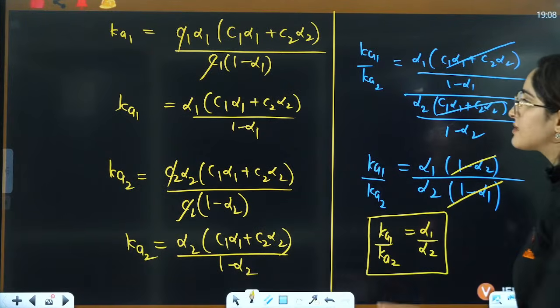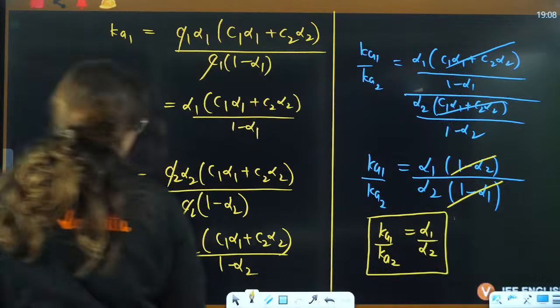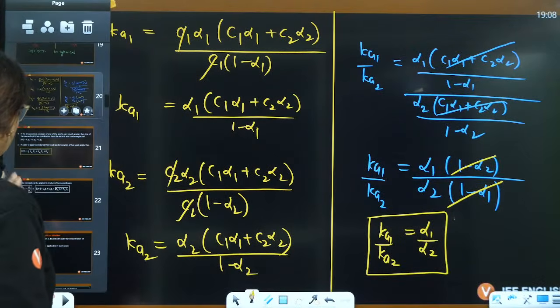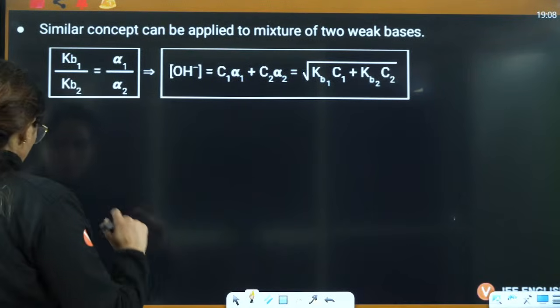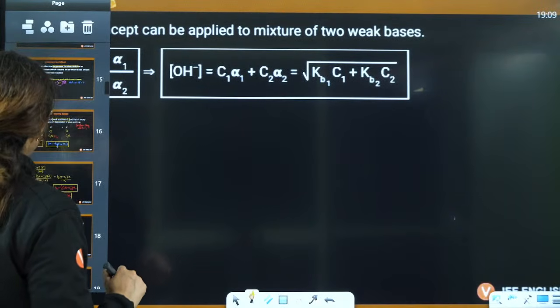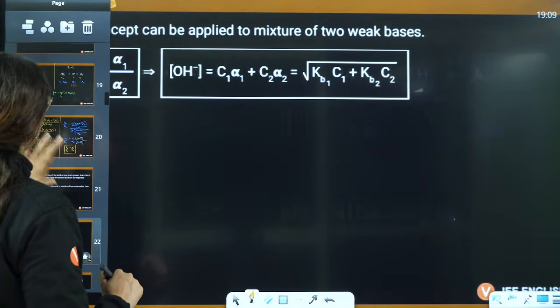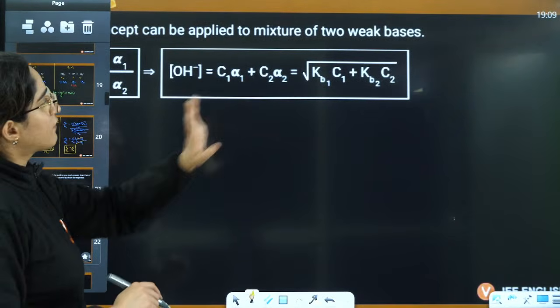Similarly for Kb1 by Kb2 it is alpha 2 by alpha 1. Here you have the H positive concentration C1 alpha 1 plus C2 alpha 2, and similarly here it will be C1 alpha 1, C2 alpha 2.